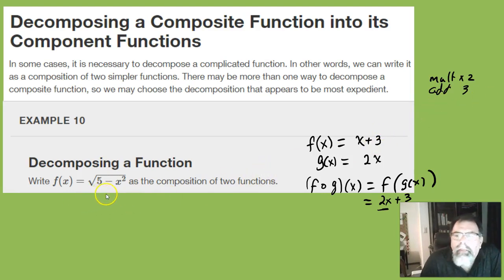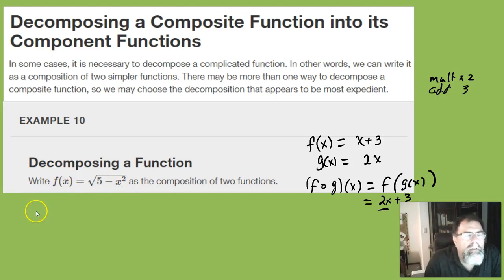Another thing is if you see grouping symbols, like the square root is a grouping symbol. I can call that what I call my inside function. Whatever's under that in the grouping symbol, in this case the radicand, that'll be my inside function.